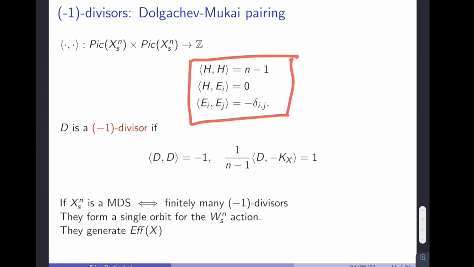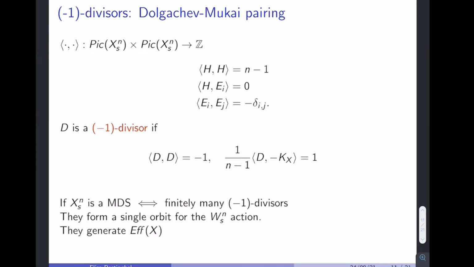So if I intersect a hyperplane with another hyperplane, I get n-1. If I intersect a hyperplane with an exceptional divisor, I get 0. And if I intersect exceptional divisors, I get -1 if the index is the same. So an exceptional divisor against itself is -1, otherwise it's 0.